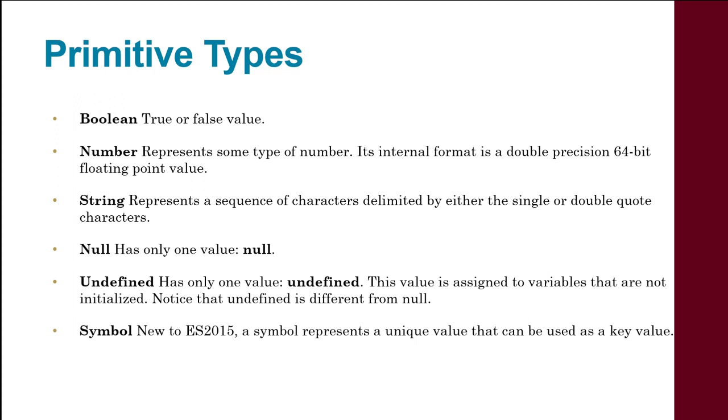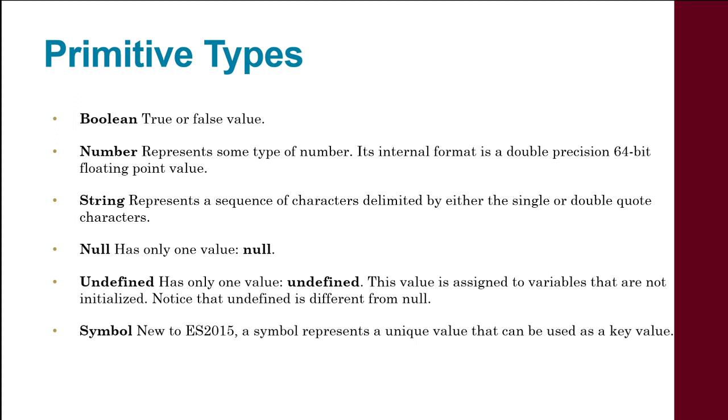You can use decimals in it. That's what the double precision 64-bit floating point value is. If you've done any C# or C++ or anything like that, you don't need to use int or float. You can instead just use number.